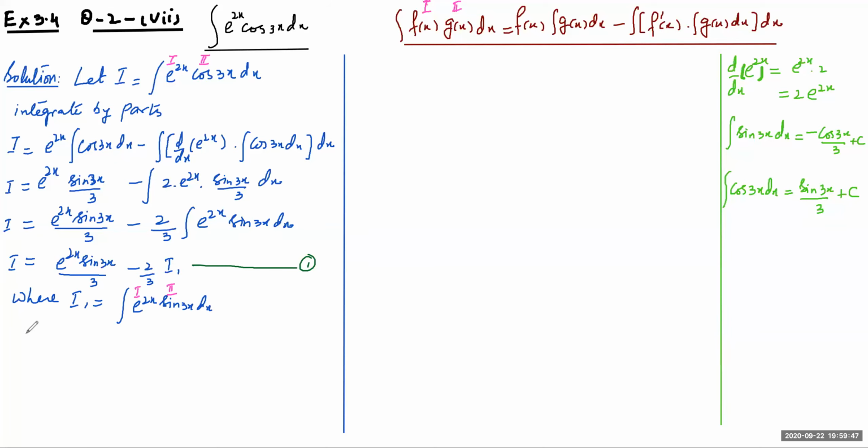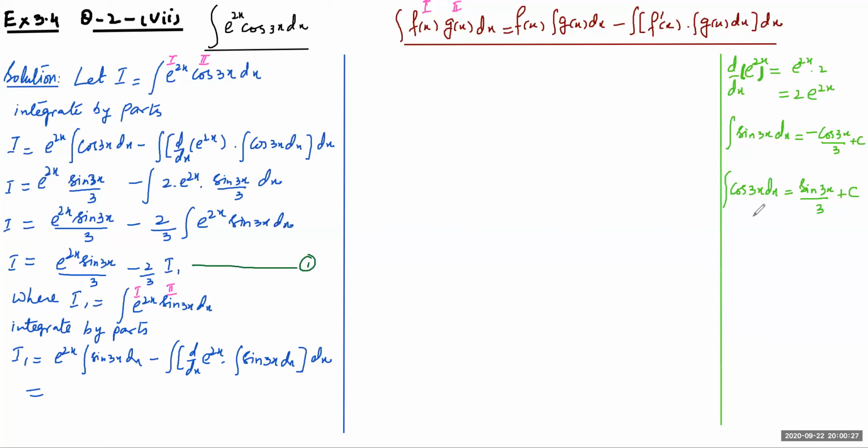So I integrate by parts, and I get I1 is equal to first function constant integral of second minus integral, bracket starts, derivative of first function into the same integral sine 3x dx, bracket close, and I have a dx here.